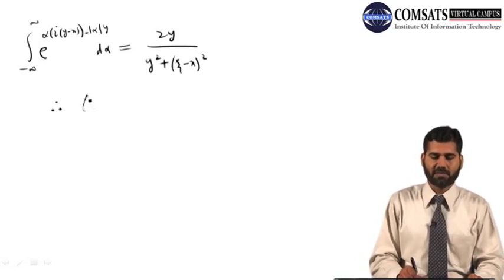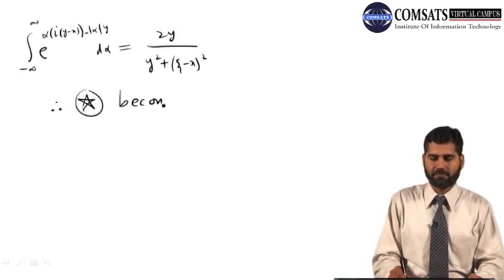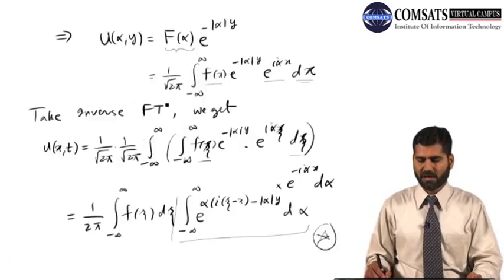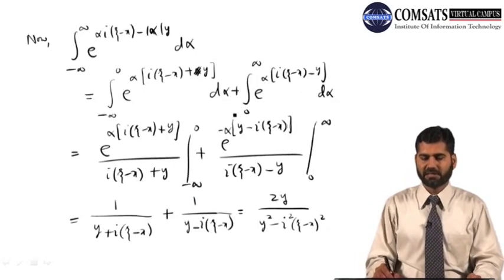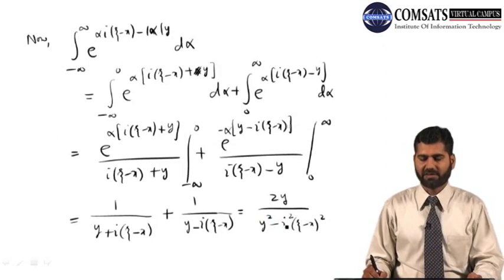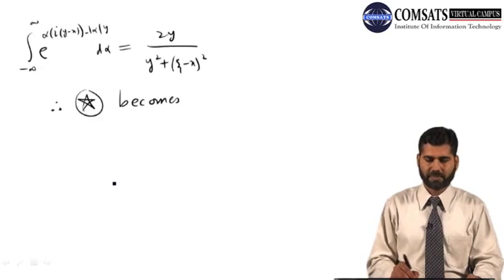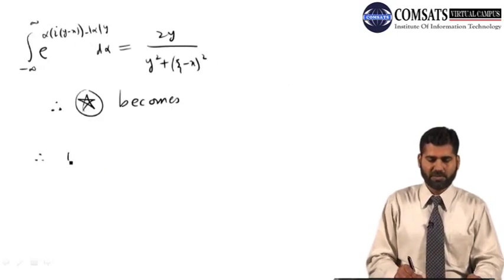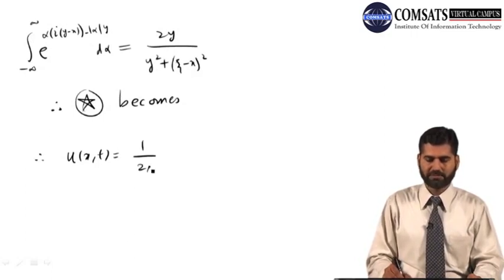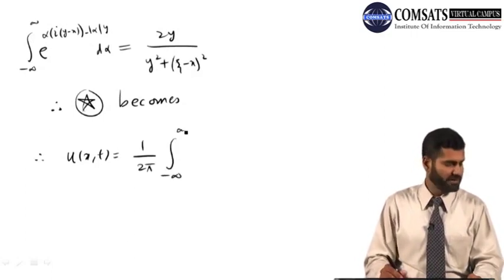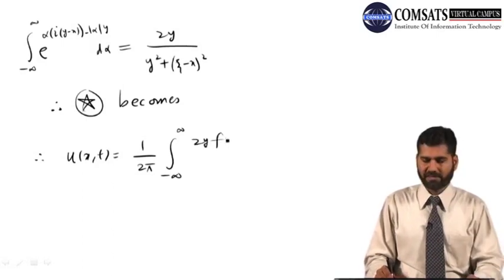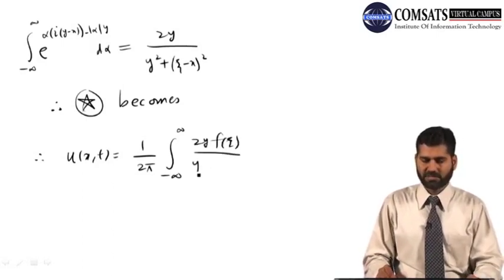So therefore star becomes, if you go back to star, this thing becomes this integral, dy over xi. So therefore your u x t becomes 1 over 2 pi, integral from minus infinity to infinity of 2y f xi over y square plus xi minus x square d xi.